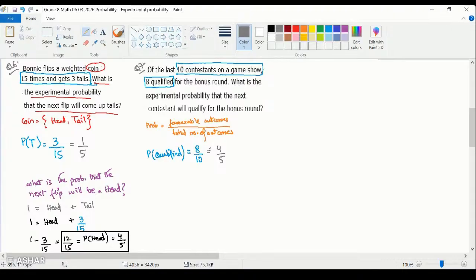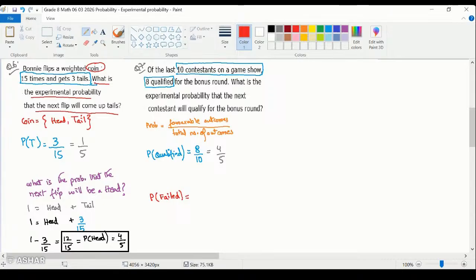But if I say we need to find the probability of who did not qualify or failed, how can we find that?